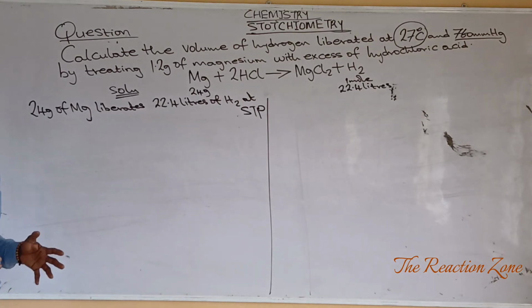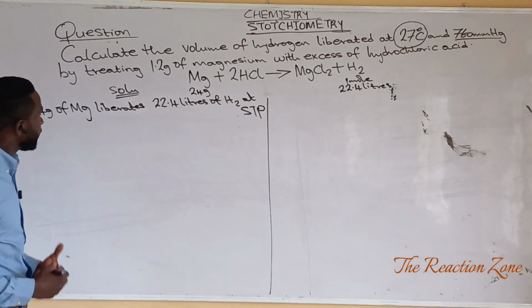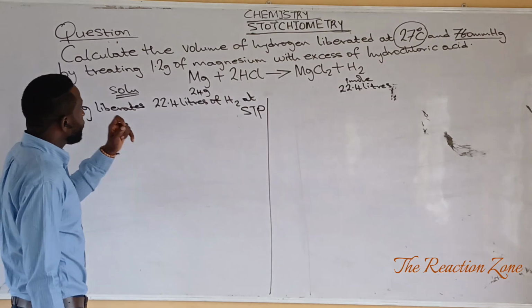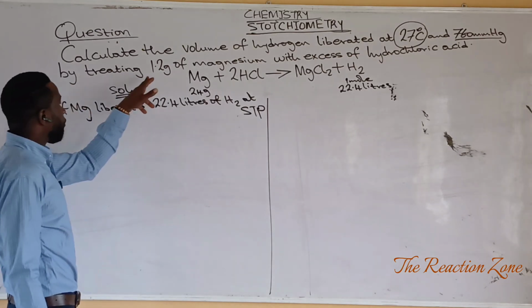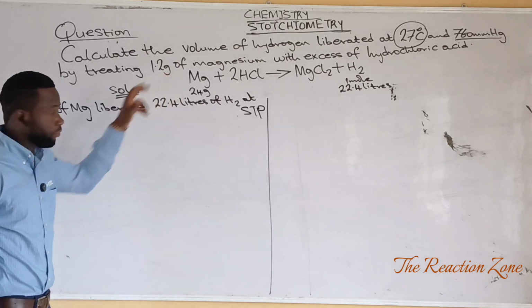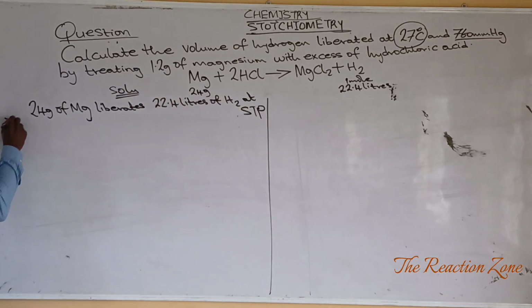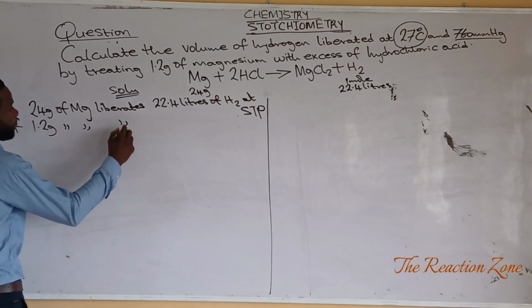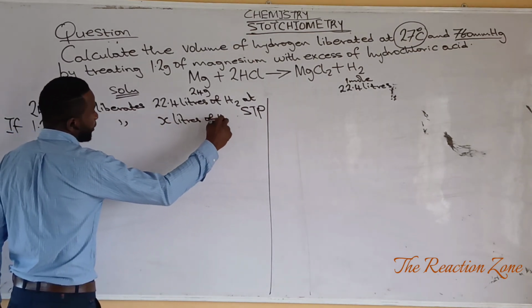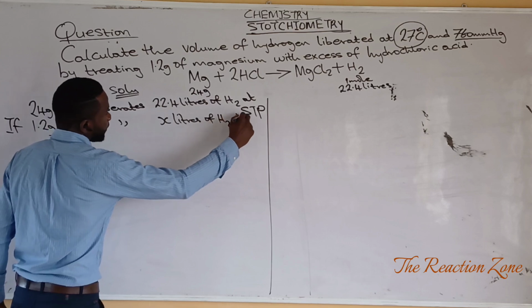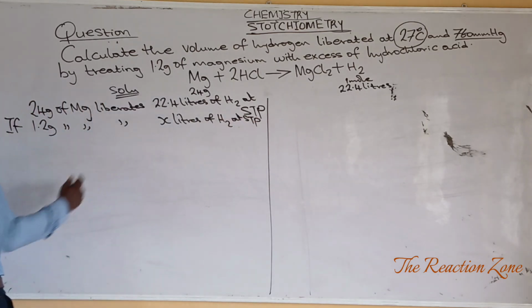So like I said, the first thing we need to find is the volume of hydrogen that will be liberated at STP by 1.2 grams of magnesium. So, if 1.2 grams of magnesium liberates X liters of hydrogen at STP, what will be the value of X?